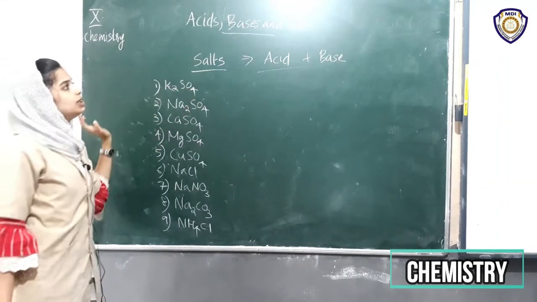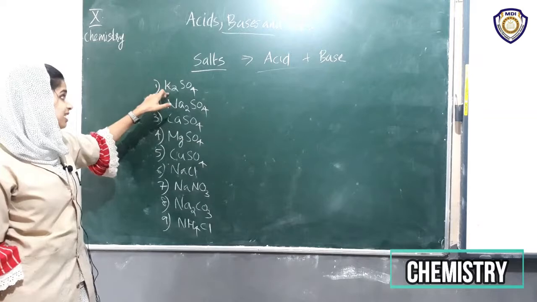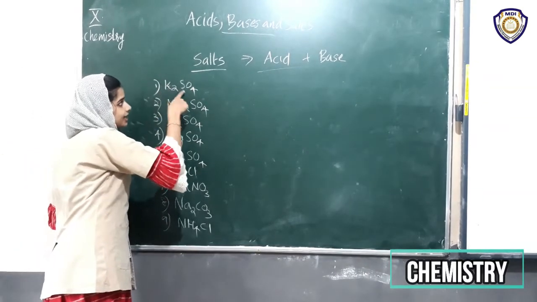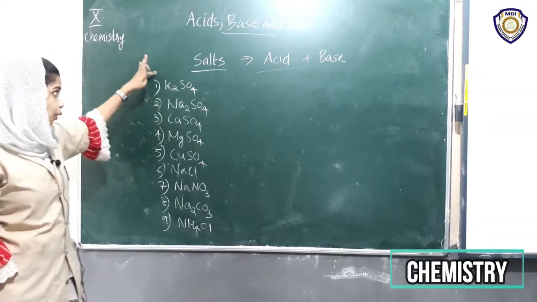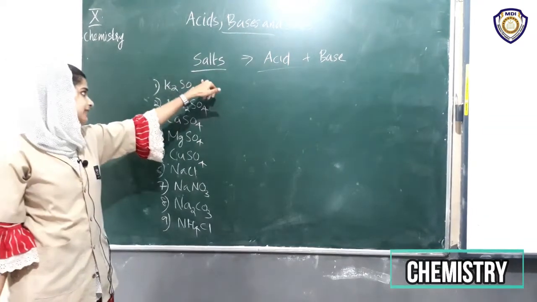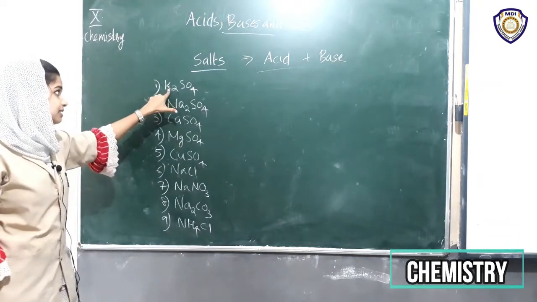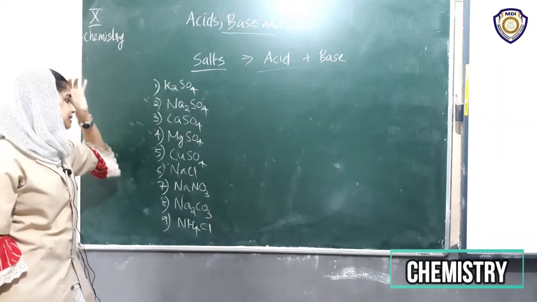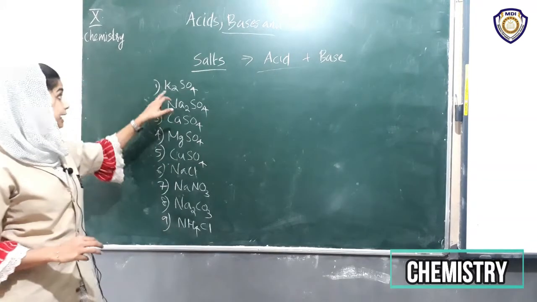K2SO4: we should remember that there are two radicals in a salt, K and SO4. The first is a positive radical, the second is a negative radical. The positive radical came from base and the negative radical came from acid.